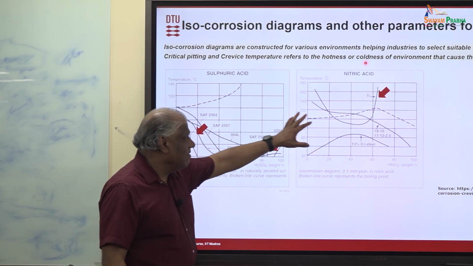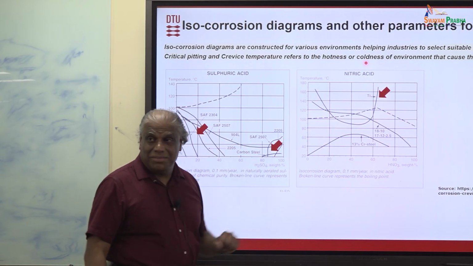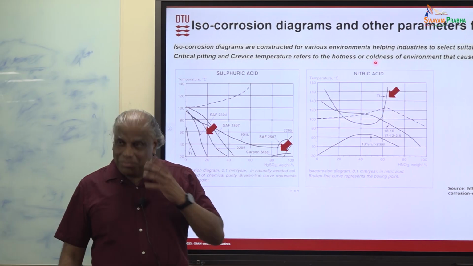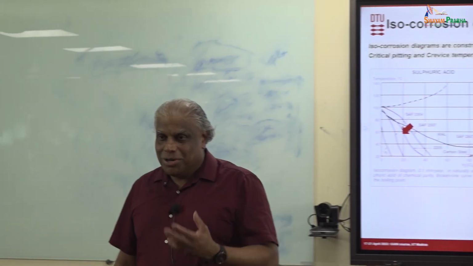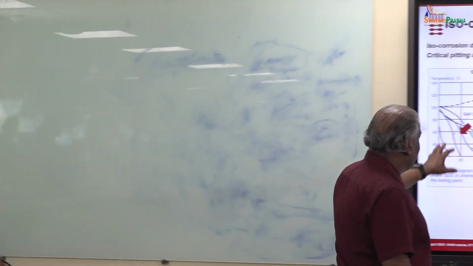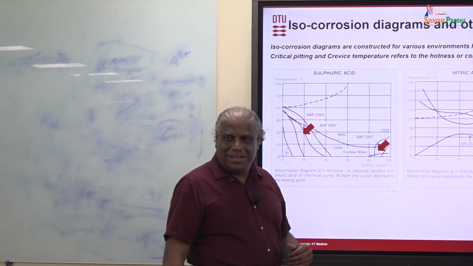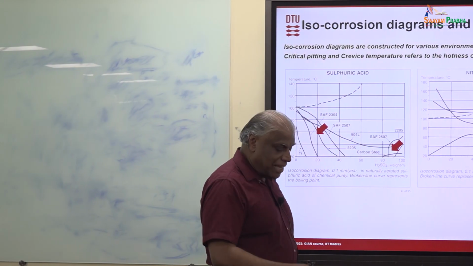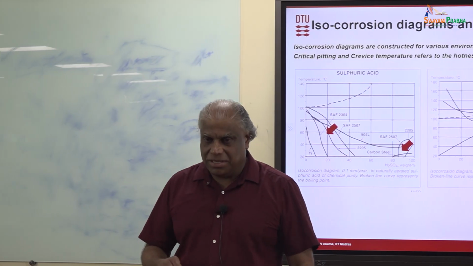You will see all these effects if you compare these diagrams. Look in Google at the composition of each alloy, understand how the molybdenum content has changed, then look at the curve, and you learn how molybdenum is affecting it. So the isocorrosion diagram is another thing which helps the industries.